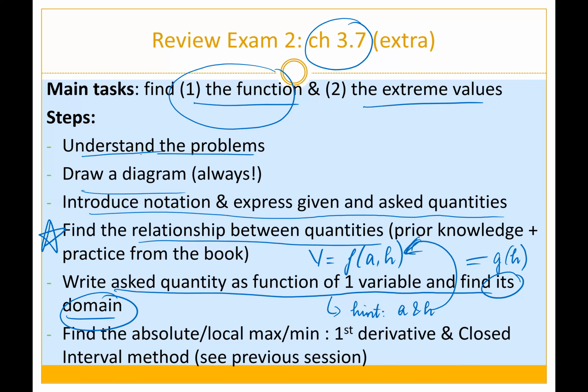So the boundary is what actually gives you the maximum and minimum, and we use the closed interval method to find the absolute max and absolute min in this interval.